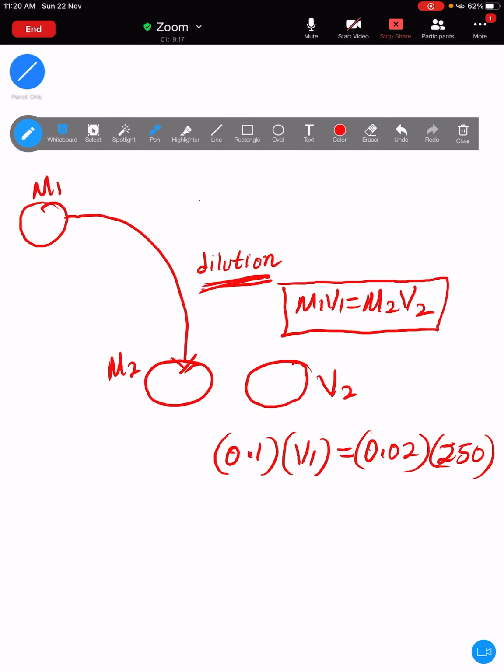So you bring this one to the other side. The V1 will be 50 cm cubic. Do you understand or not? So write it down.